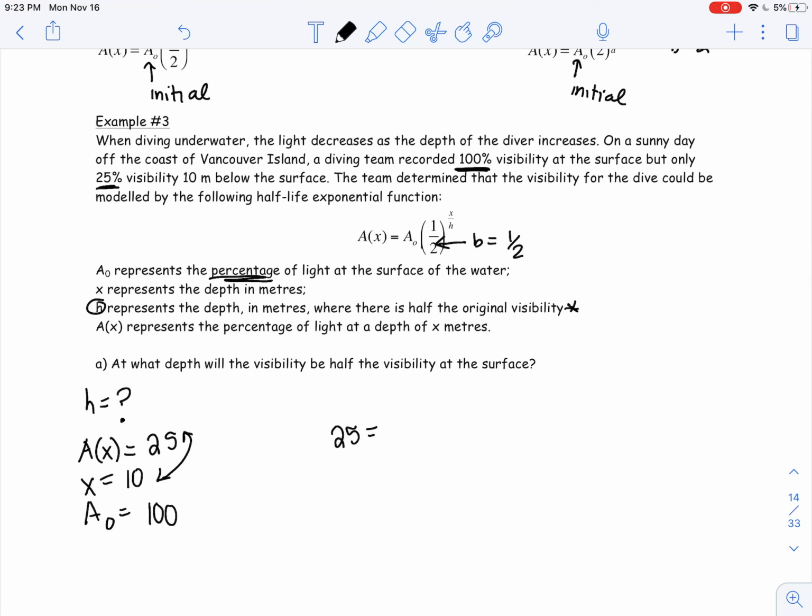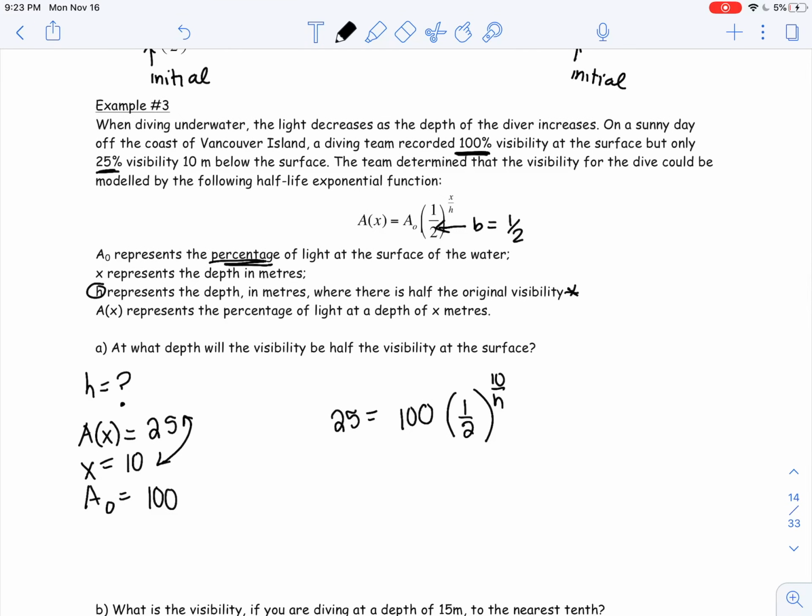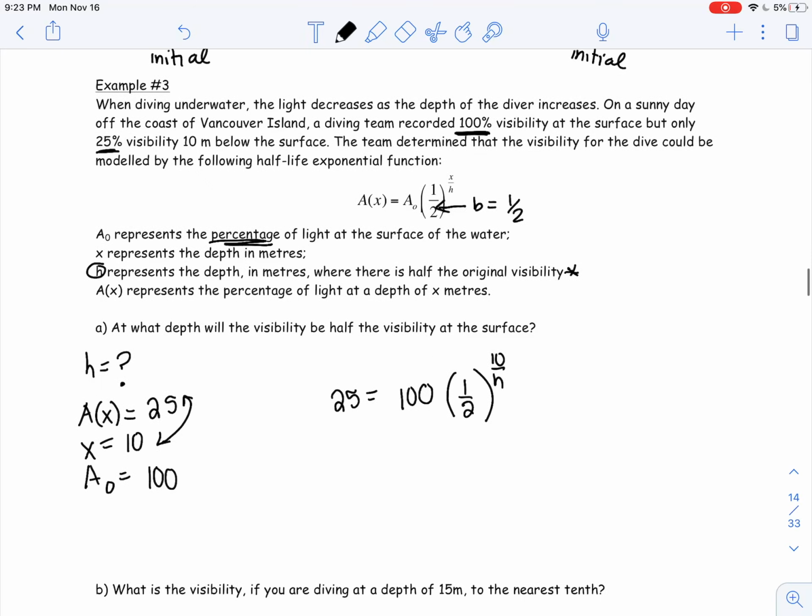So that's what we're going to fill in our variables with. A of x needs to be replaced with 25. A of 0 needs to be replaced with 100 from the above equation. Then we have B is a half, x is replaced with 10, and h is what we're solving for. This is the hardest part, filling in your equation.